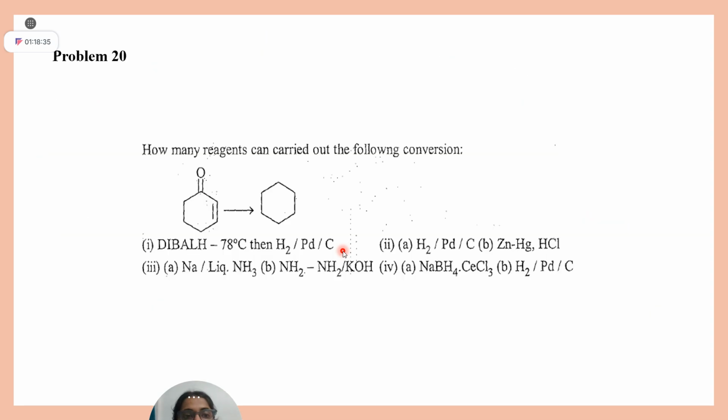Okay. The second last question for today's problem solving session is, how many reagents can carry out the following conversion? This is again a very good problem on reagents.